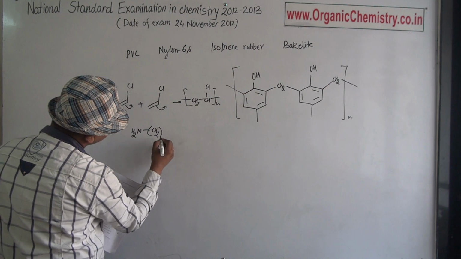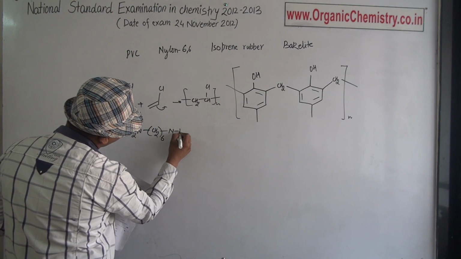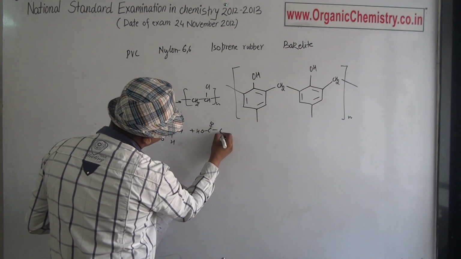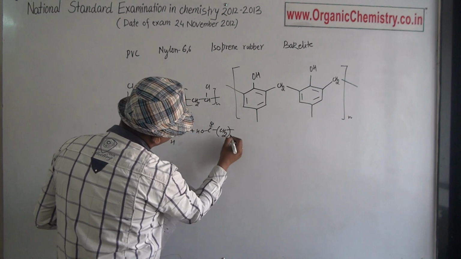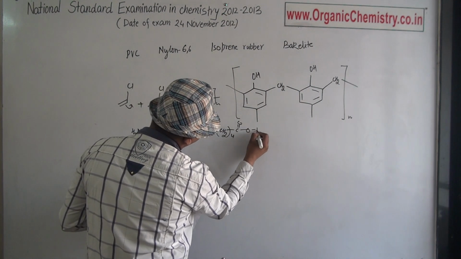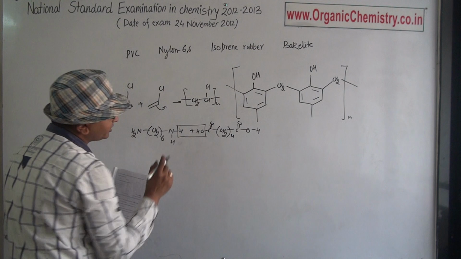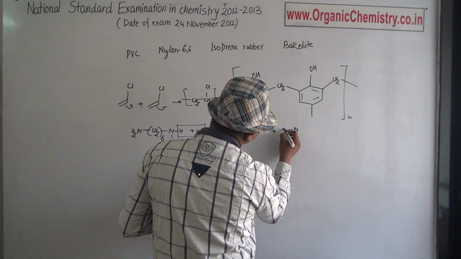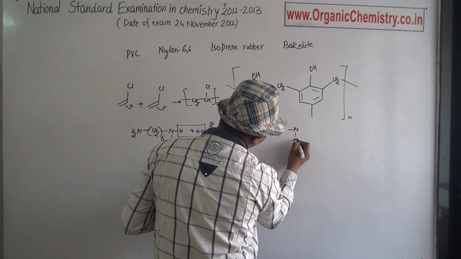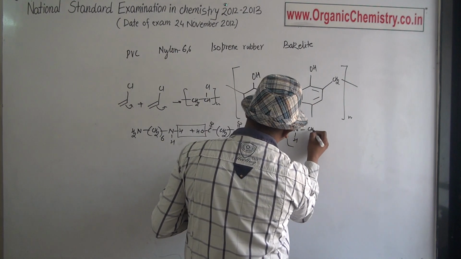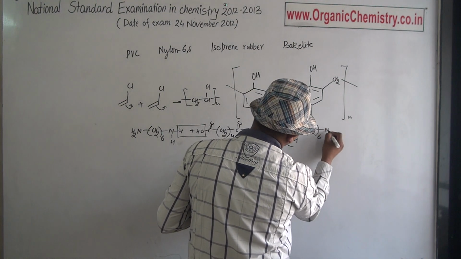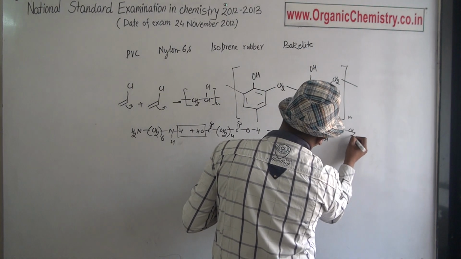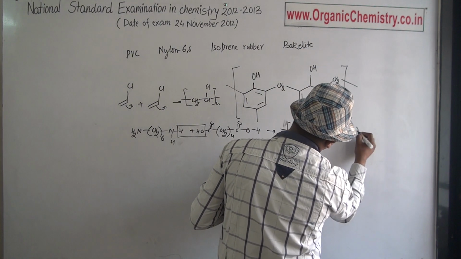Nylon 6,6: hexamethylenediamine reacts with adipic acid, losing a water molecule, and the polymer which is formed by this reaction is nylon 6,6.